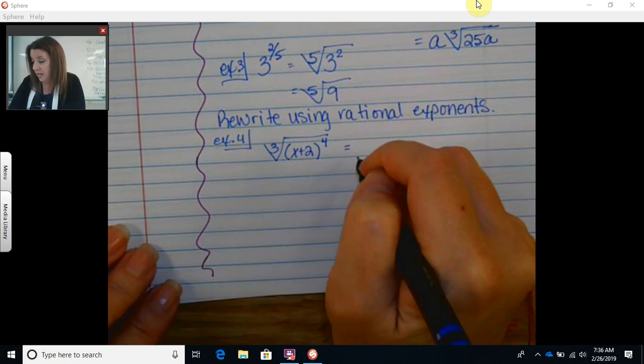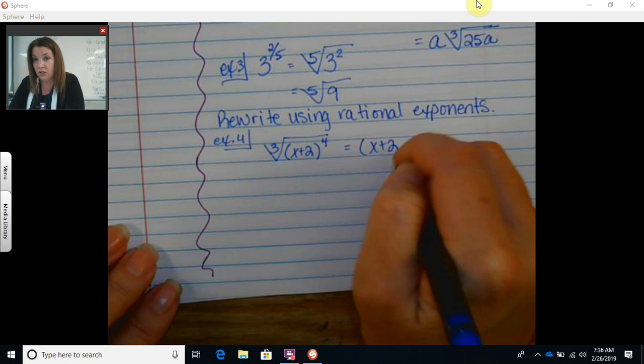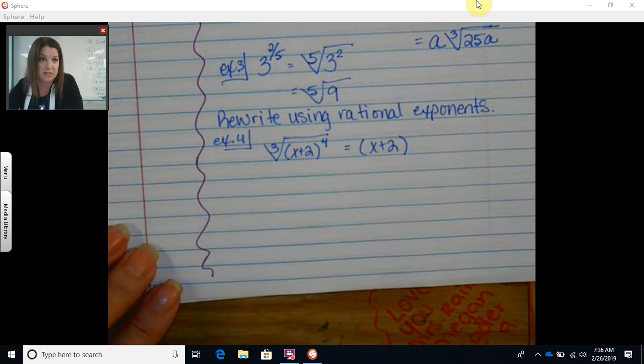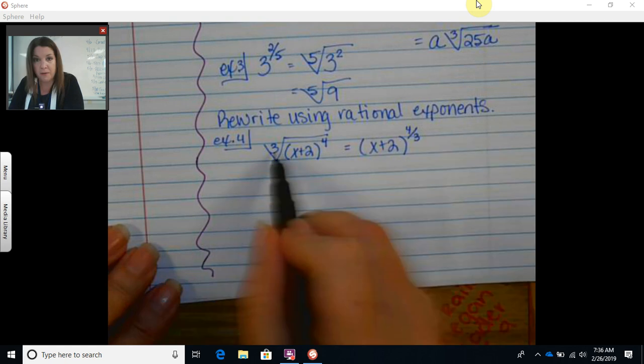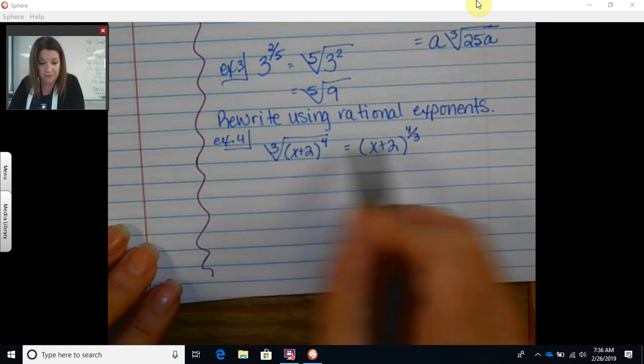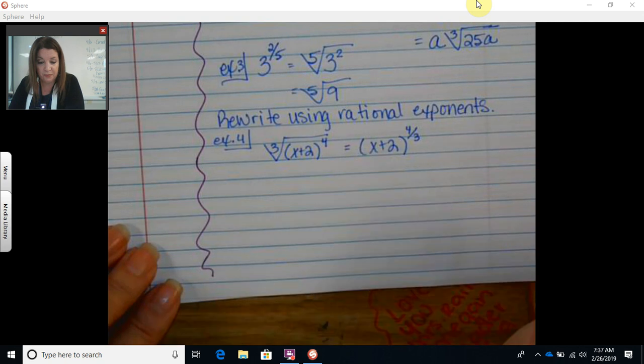And that's got to be in parentheses because the whole thing is going to be raised to the rational exponent. And what would the exponent be? 4/3. Because the index is the denominator, the exponent is the numerator. Coolio? All right.